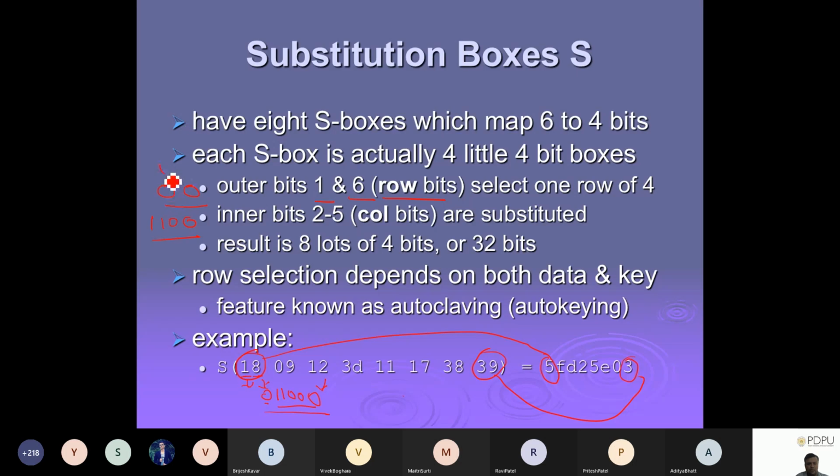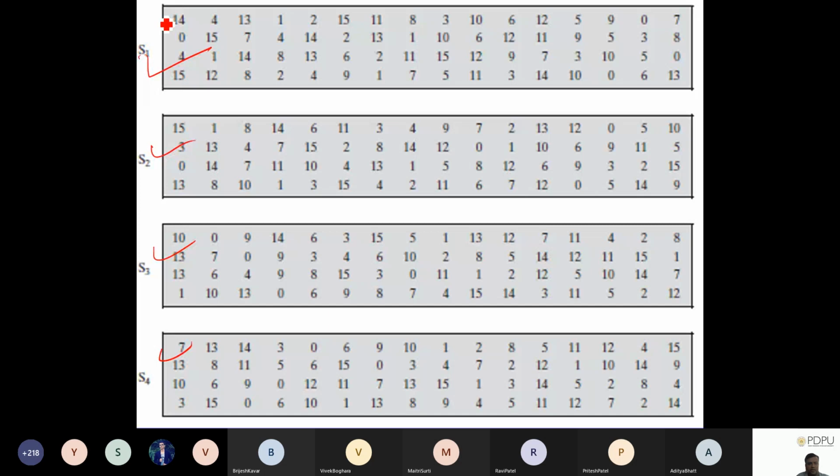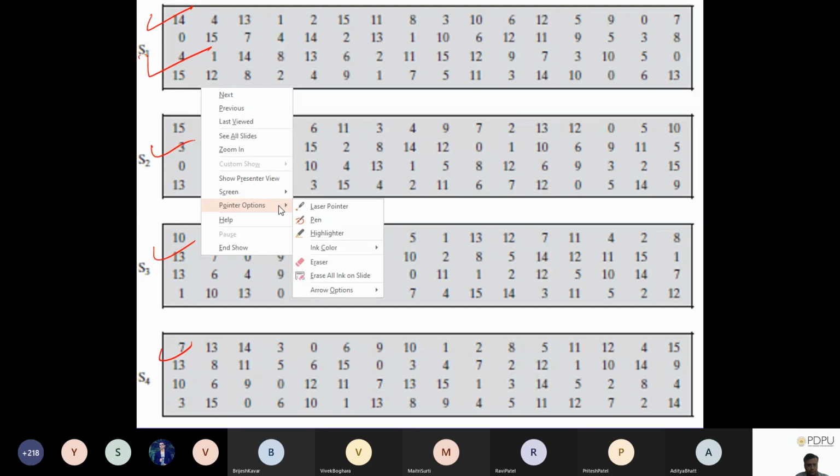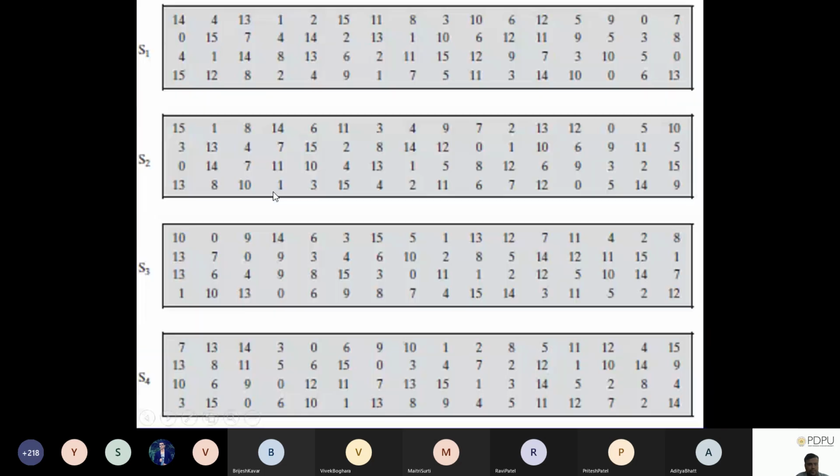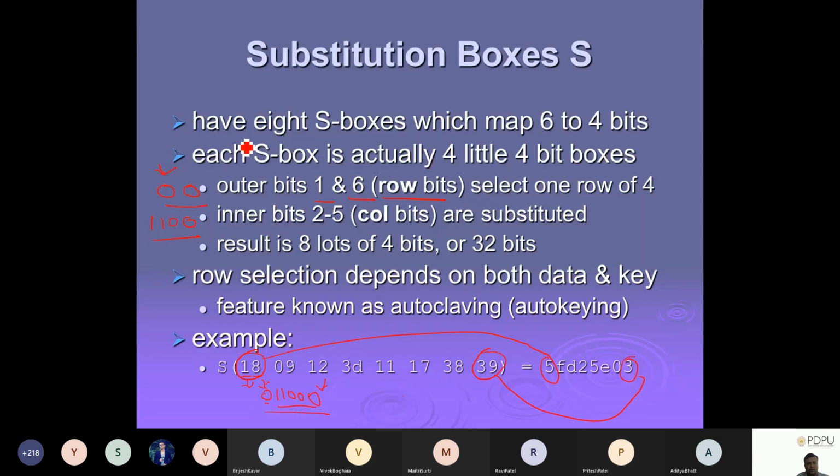So what is the decimal value of 00? It is 0, so it is pointing to the 0th row. Now, what is the decimal value of 1100?